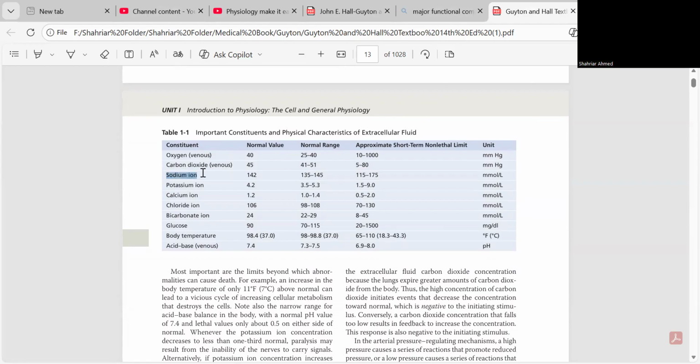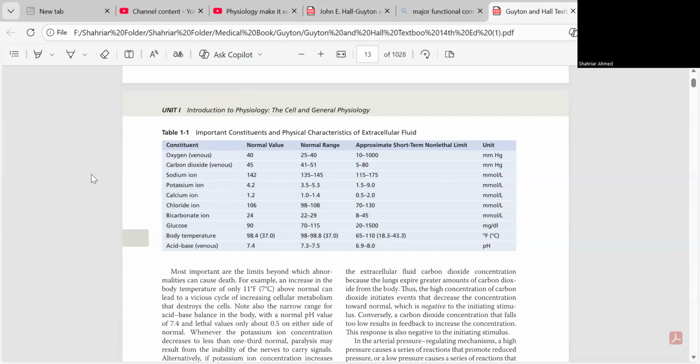Most important is the sodium ion. Concentration is 135 to 145. Potassium ion 3.5 to 5.3. This is millimole per liter. Calcium, normal range 1 to 1.4 millimole per liter. Chloride ion 98 to 108 millimole per liter.